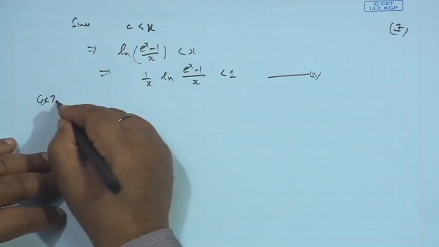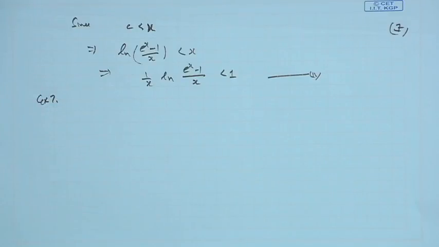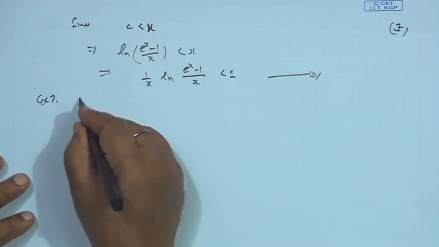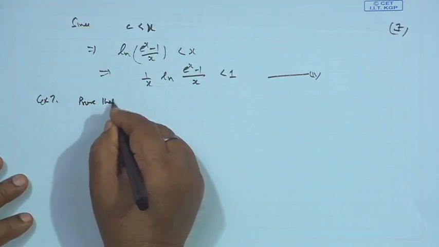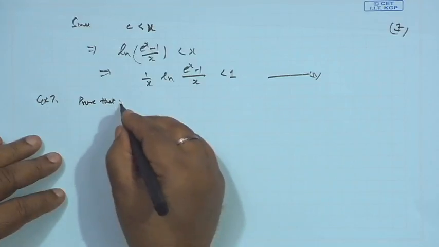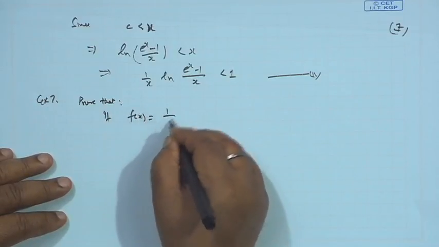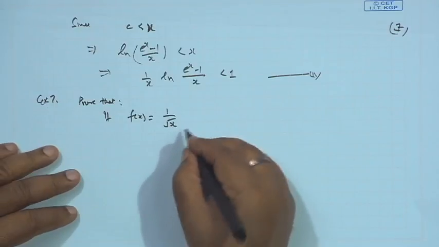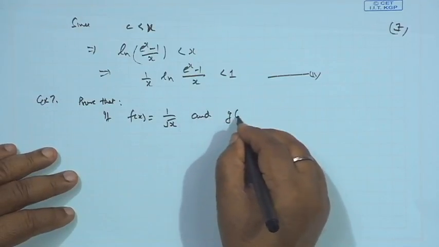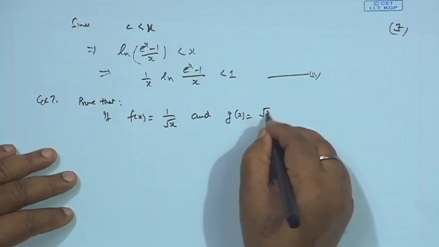And next is, say f(x) = 1/root x and g(x) = root x.